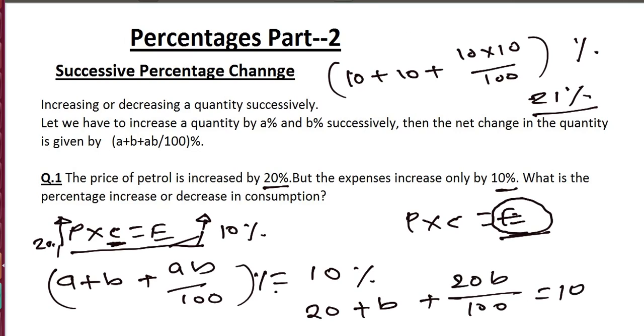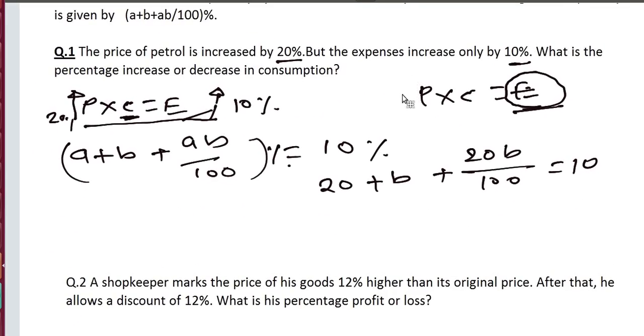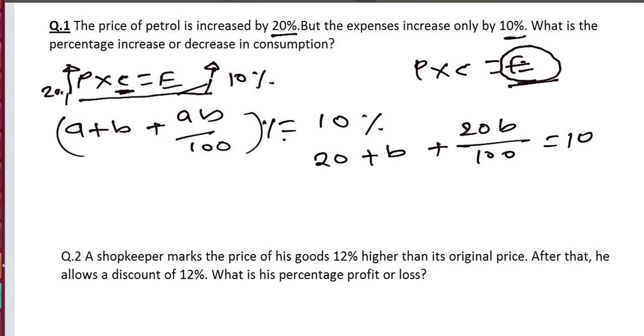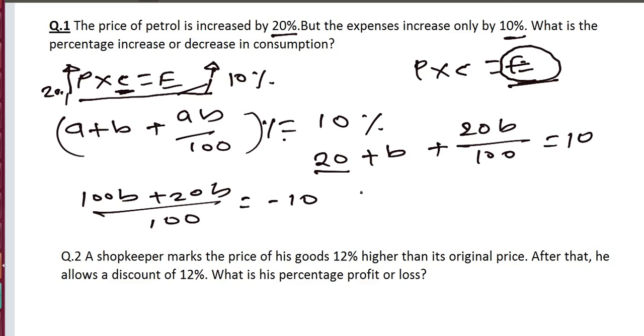So let's solve this. I'll take this 20 on the other side, so I'll have 100B plus 20B divided by 100 is equal to minus 10. Therefore 120B is equal to minus 1000.